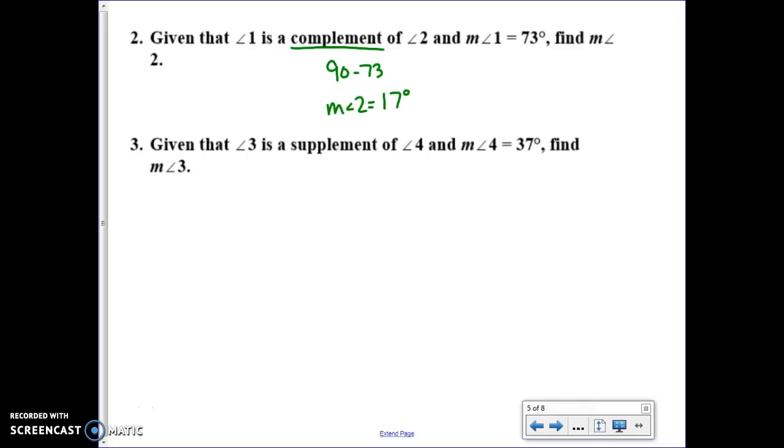Then we have, given that angle 3 is a supplement of angle 4, and the measure of angle 4 is 37 degrees, find the measure of angle 3. Well, we know that supplement means adds up to 180, so we do 180 minus 37, and we get the measure of angle 3 equals 143 degrees.